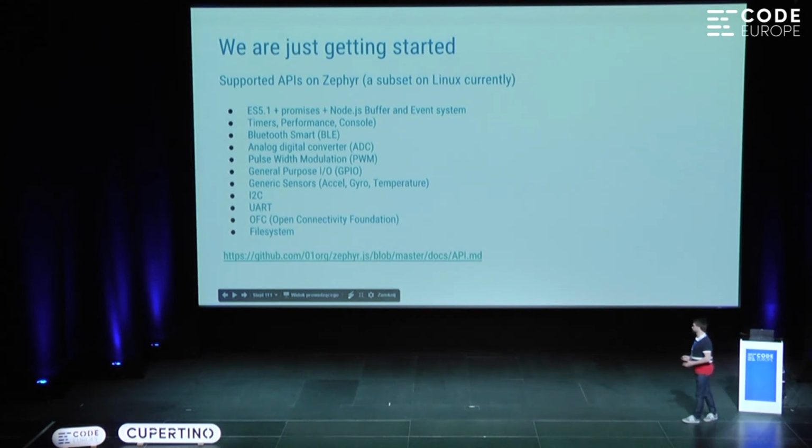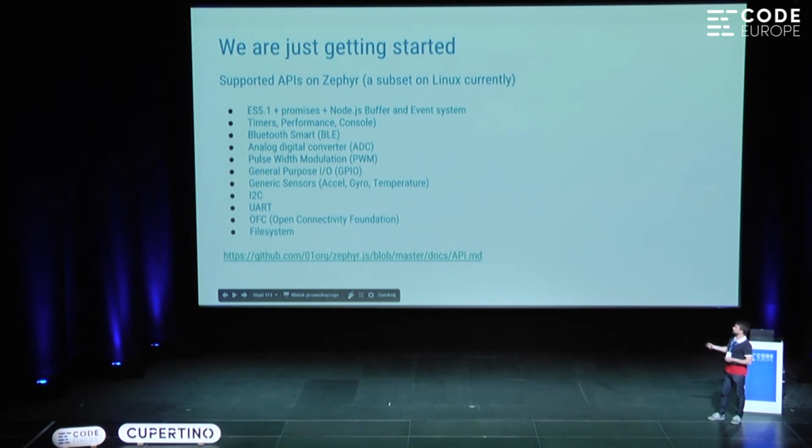And this is what I think is so super cool about Zephyr. It's a very small real-time operating system. You can actually read the code and understand what's going on. And you only build in the features that you need. At least it's possible to do that. And with the JavaScript API, things are really easy. So these are some of the things we support today. We don't have the newest ECMAScript 2016-17 features yet, but we do have promises.